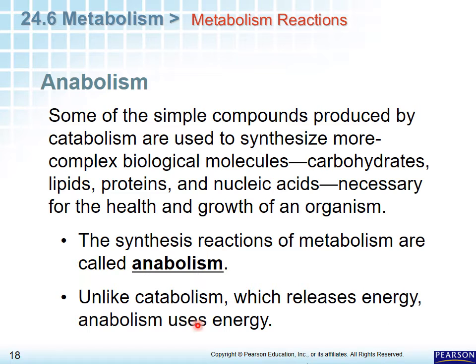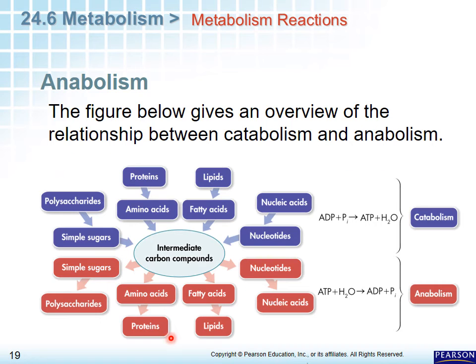Unlike catabolism, which releases energy, anabolism uses energy, because for building we need energy. For destroying, we can destroy easily. So the figure below gives an overview of the relationship between catabolism and anabolism. Look here, intermediate compounds. Here all the blue is catabolism and the red is anabolism.